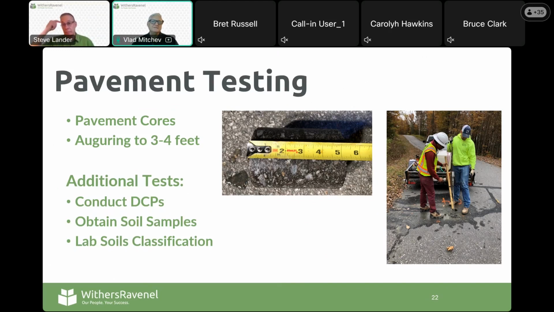So for base, if there is aggregate base, the augering will take out the base and you can see the thickness and condition in most cases. For the subgrades, augering below the aggregate base will give you an indication from visual, even without any tests. You can see the visual type of subgrades and presence of moisture, which is directly correlated with condition.